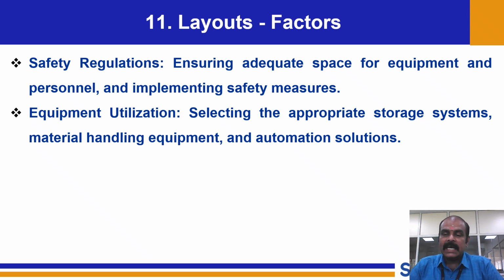It does not mean that the product is a flammable material; it is not with respect to the nature of the product. It is a basic need that warehouses should have these safety features. So some sort of fire safety should be there, electrical safety should be thought of, everything should be thought of. Then equipment utilization. Obviously effective utilization by all means, 360 degrees of things should be considered.